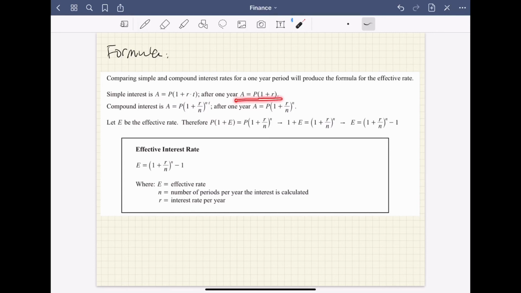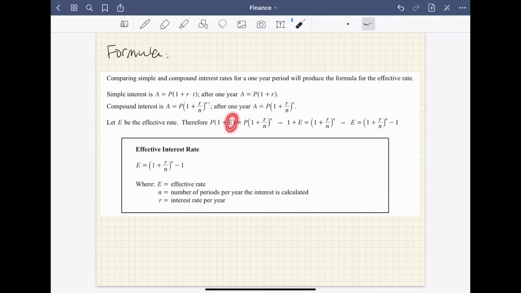Then the amount for simple interest is P times 1 plus R, and the amount for compound interest is P times 1 plus R over N to the power of N. Because E is the simple interest rate, let's use E to substitute the R in the simple interest formula. So then we know that the simple interest will give the same amount as the compound interest.